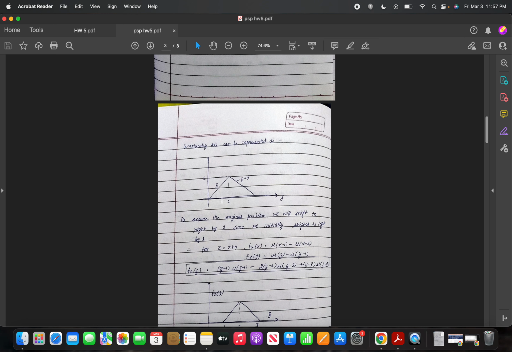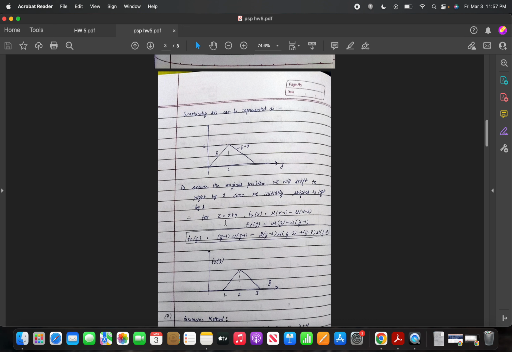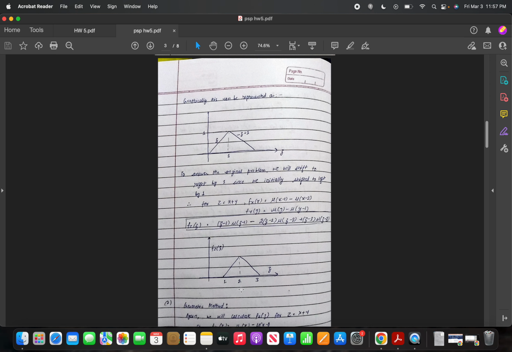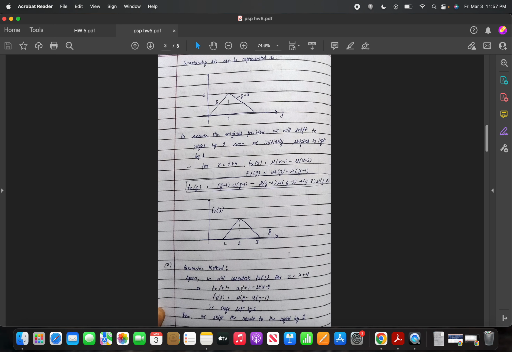And we can also shift the graph to right by 1. So originally it was from 0 to 2. Now the graph spans from 1 to 3, and the y-axis values will remain the same.